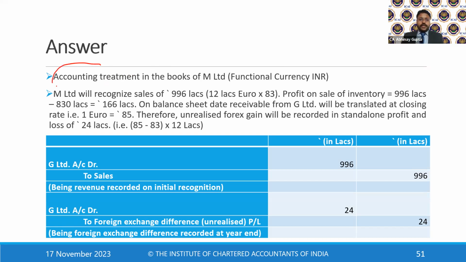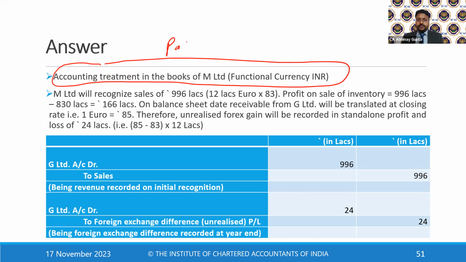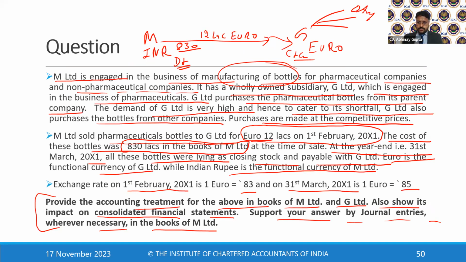Now, first, the accounting treatment in the books of M Limited, the parent company. The parent company's functional currency is INR, right? Now, M Limited will recognize sales of 996 lakhs. How? 12 lakh euros into 83 rupees on the date of the sale.